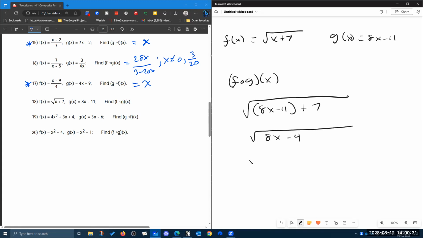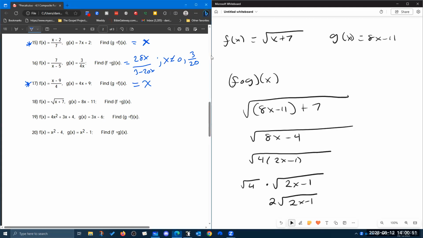We can simplify that a little bit because there's a perfect square, like so. So this is going to be 2 root 2x minus 1.